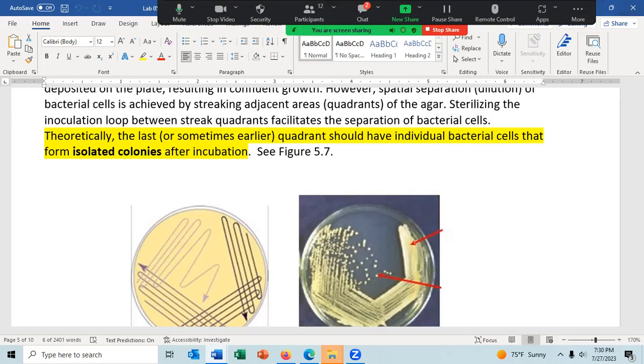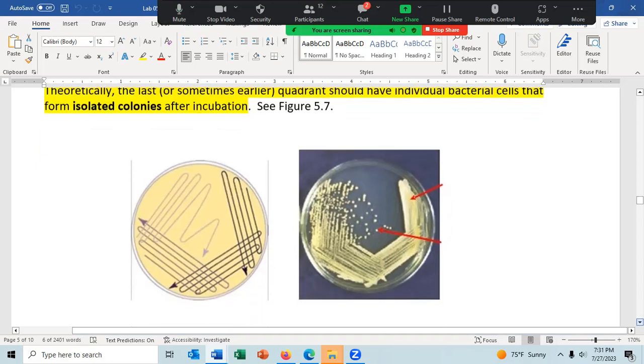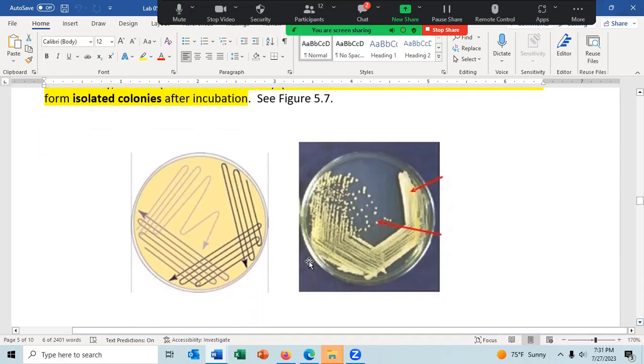You then take your loop and you sterilize it. And after doing sector 1, you then do sector 2. When you're doing this, this is not done quite correctly, and that is you should streak out quadrant 1.